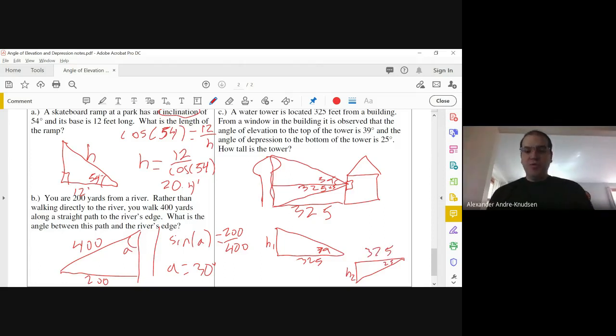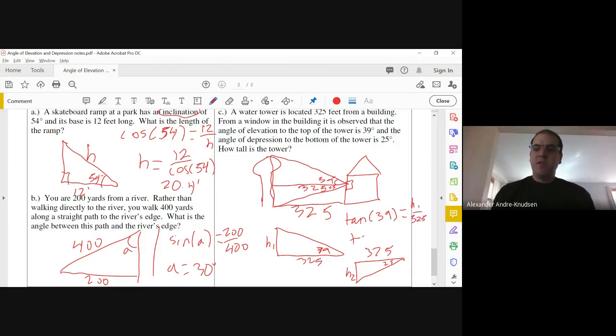So both of them, we're going to use tangent because we have the adjacent in both of them, but we're looking for the opposite. So I'm going to take the tangent of 39, and that equals, I ran out of room, opposite H1 over adjacent.